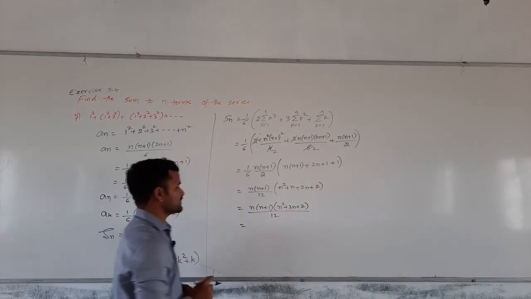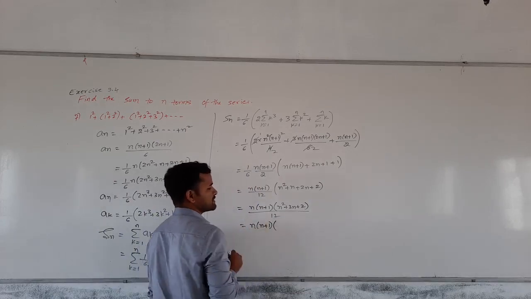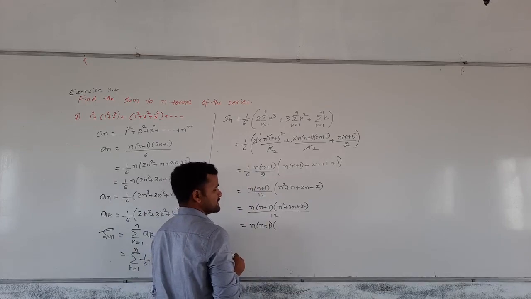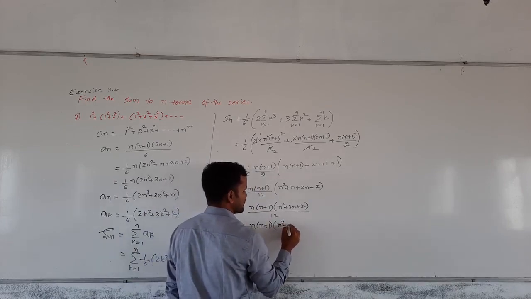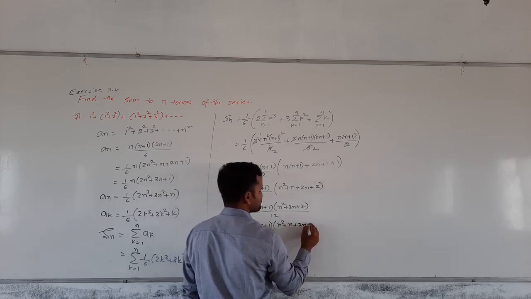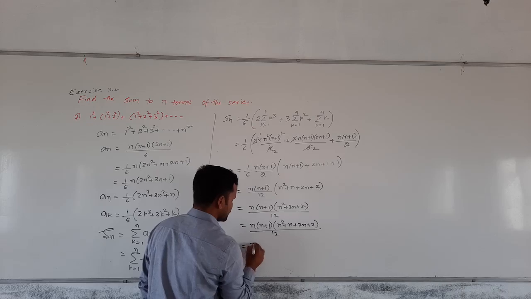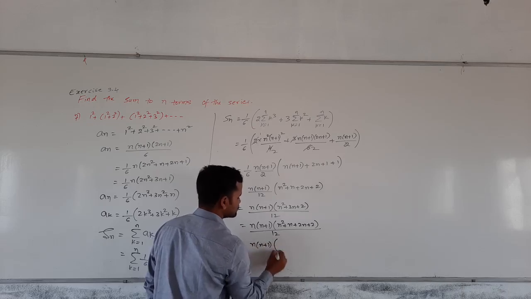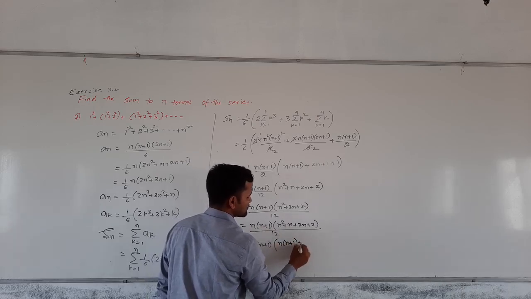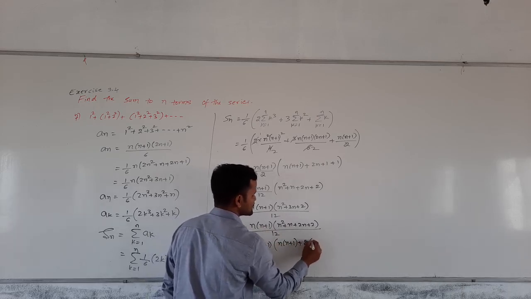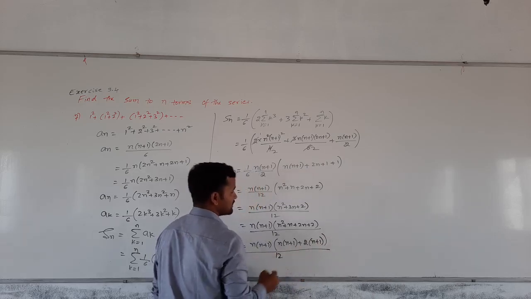We can simplify it further. n into n plus 1 into this n square plus 3n plus 2, it is a quadratic expression. You can split it like n square plus n plus 2n plus 2 whole divided by 12. n into n plus 1 into, from the first two terms n is common, into n plus 1, plus next terms 2 is common, into n plus 1, whole divided by 12.